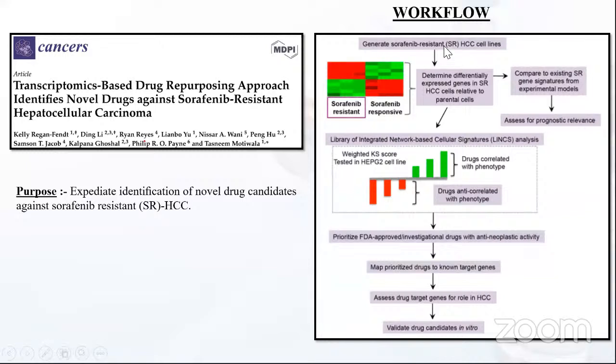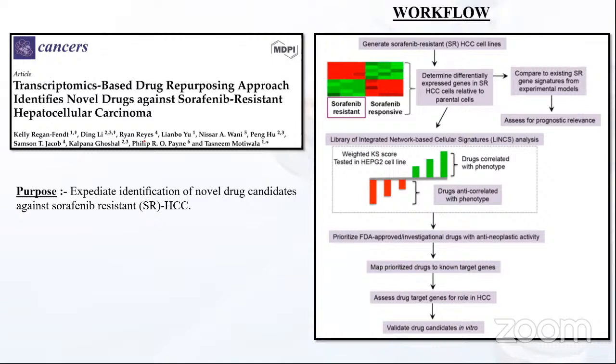Herein, the sorafenib-resistant HCC cell lines were generated from the normal HCC cell lines by exposing the normal cell lines to sorafenib for a period of time. Then the gene expression signatures of experimental models of HCC sorafenib resistance were assessed.